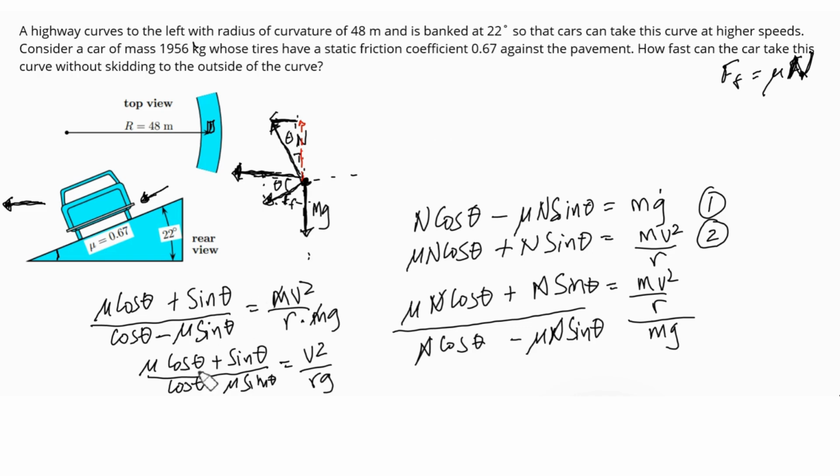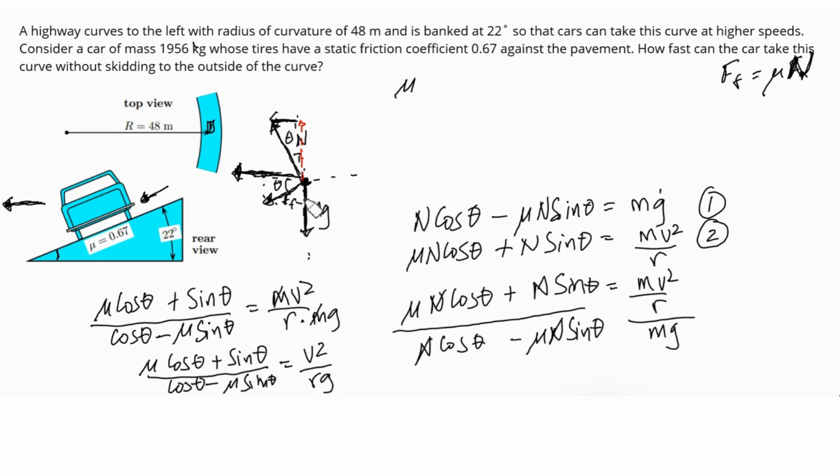Now I could rewrite this by dividing upstairs and downstairs by cosine of theta.